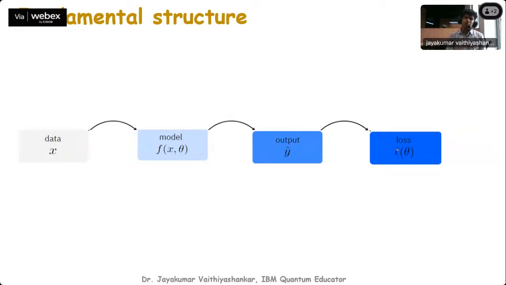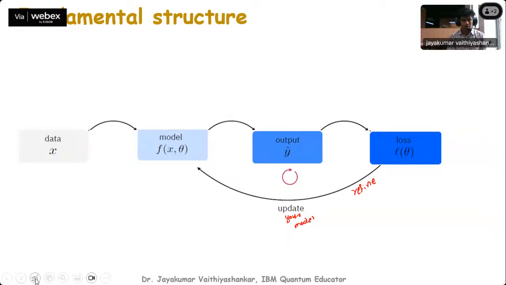Sometimes you will have loss, sometimes you will have error. Whenever you have error or possess loss, you need to do refinement. You need to update your model. Again, this is like trial and error. Each time you do it, your output model will get improved.